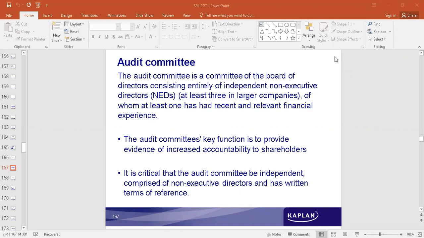Nobody knows what committees we've learned. Did we learn nomination committee?